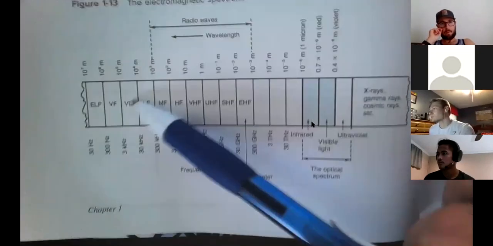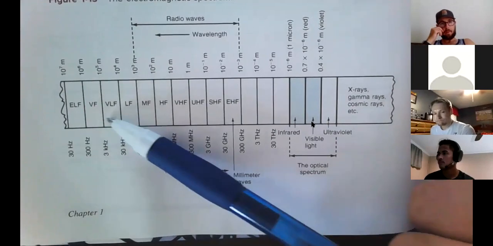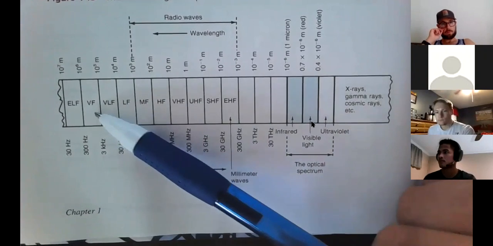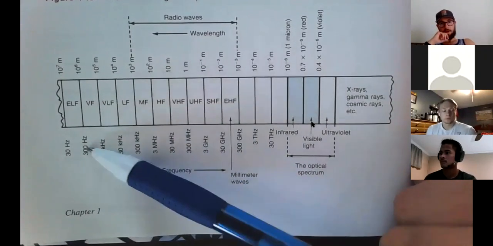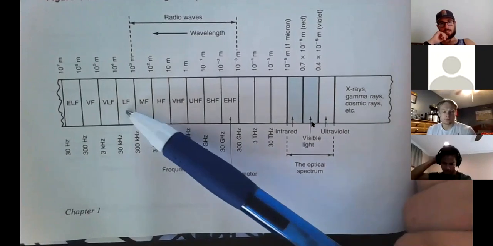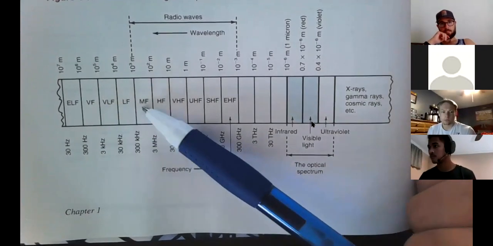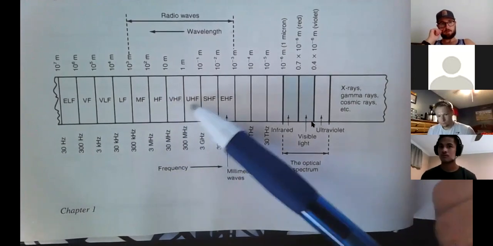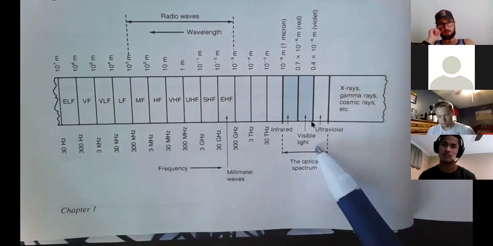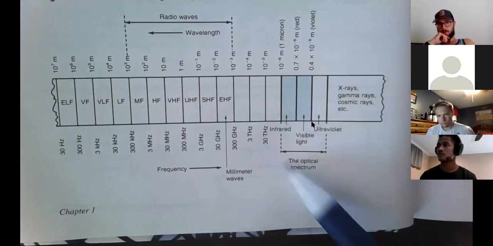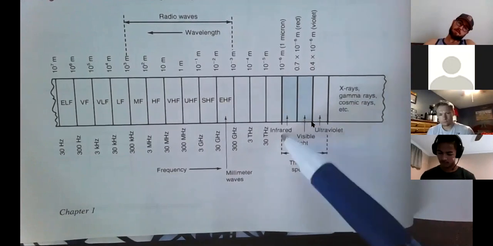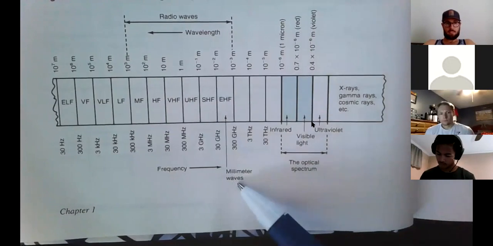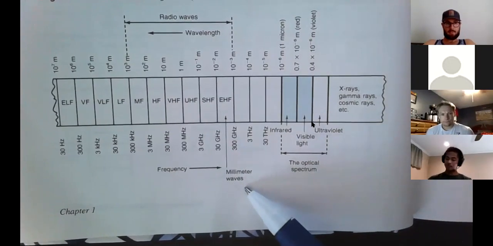This is all the frequencies of a radio signal started from low frequencies, very low frequencies, medium, high frequencies, very high, ultra high, all the way to microwave, right here, microwave right here. And if you notice here, you have a millimeter wave.